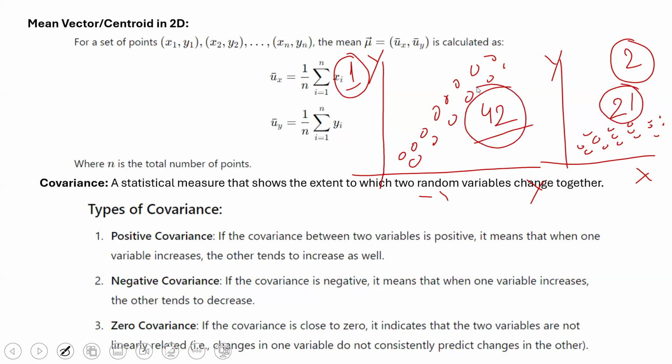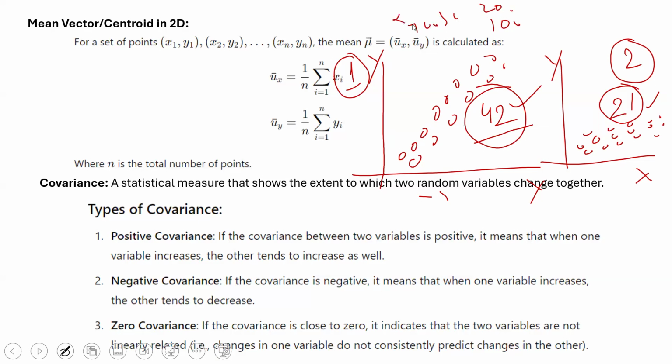With these values, if the covariance is high, then you can say the dependency between these two random variables is high. As this value is a little less, you can say the dependency between these two is a little less. But there is no specific boundary for the covariance; it can go to 100, 200, 300, 400.